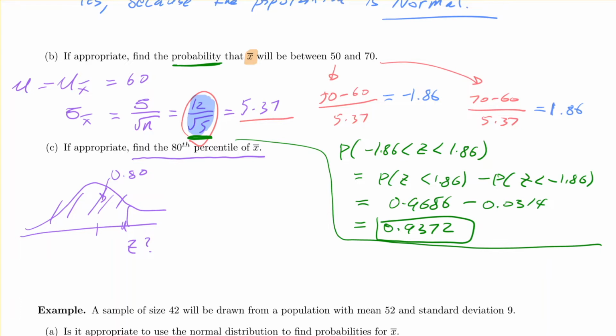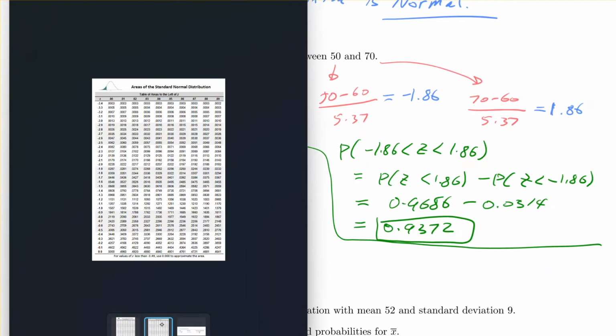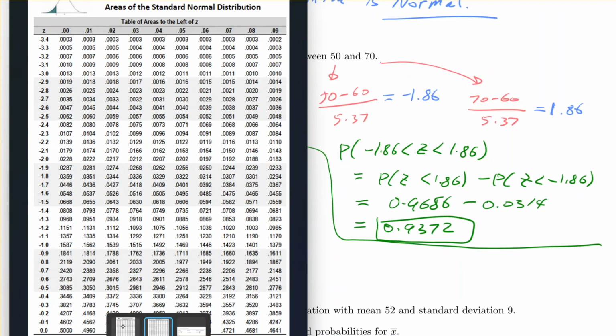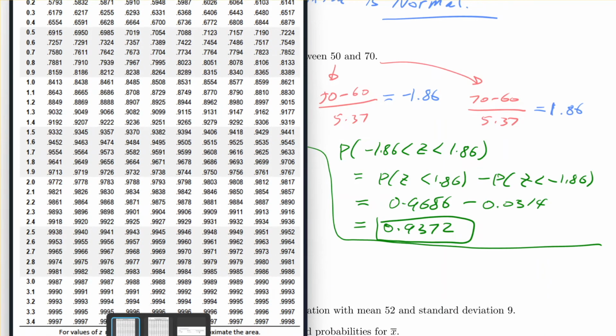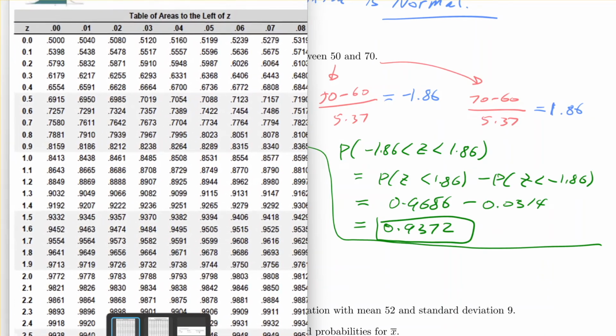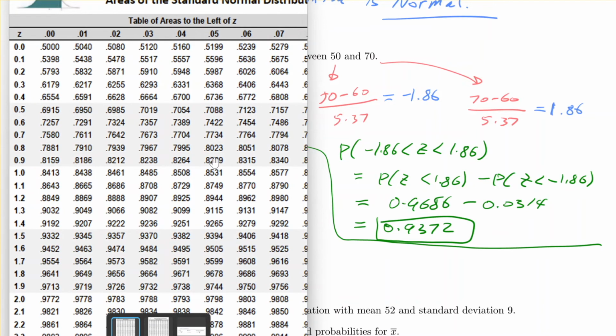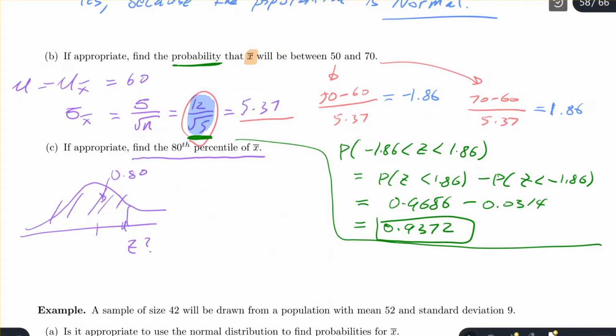From the z table, we're finding the area to the left of about 0.8. 0.7995 is closer to 0.8 than 0.8023, right? So the corresponding z-score is 0.84.